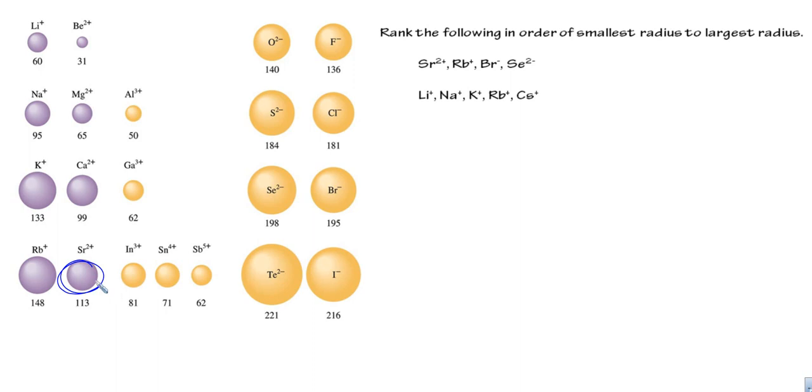Strontium, oh boy, rubidium, bromine, and selenium. You'll notice that they all go in a row. In this periodic table, they left out the noble gas, because all of these ions are gaining or losing electrons to look like the nearest noble gas, which is krypton, number 36.